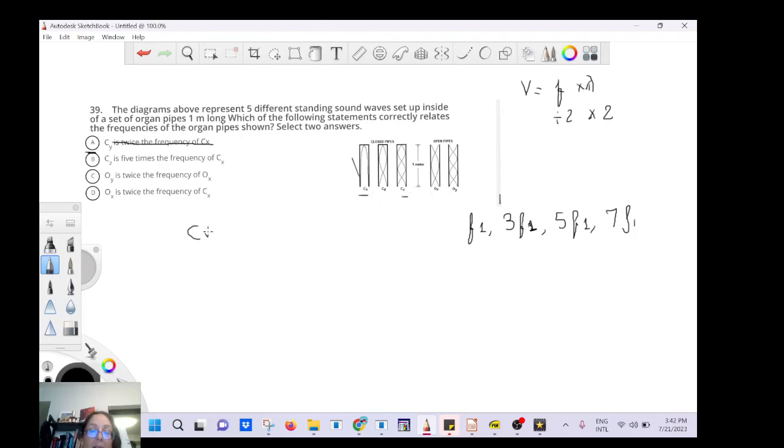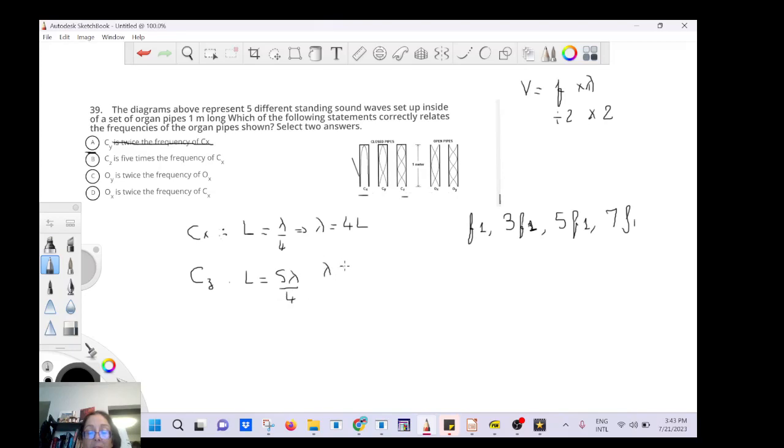And then they compare CZ and CX. So CX, you see that you can fit 1/4 of the wavelength. So that means that the wavelength is 4L. And then CZ, you have L equals 1, 2, 3, 4, 5 quarters.